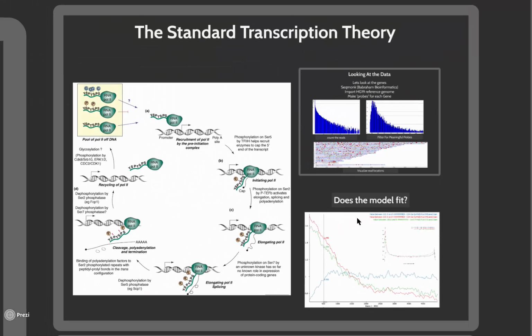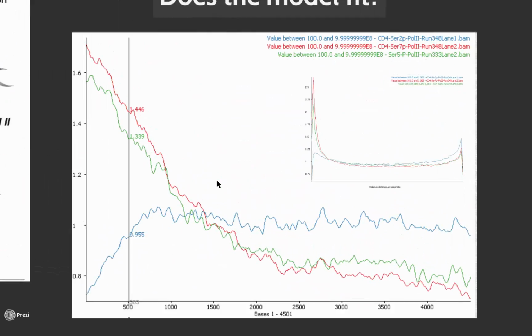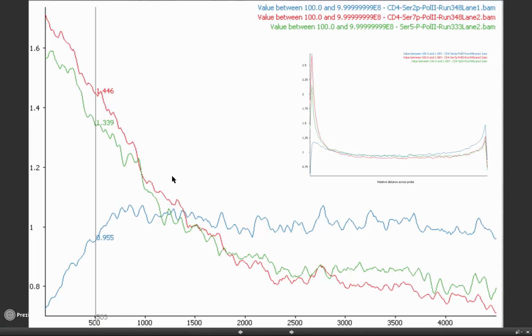So does the model fit the standard transcription theory? Well, to figure that out, we can take an average gene and we can look at the transcriptional start site, which here would be 500 base pairs in. What we see here is that serine 5 is typically more concentrated before elongation begins, and serine 2 is less present before elongation begins.